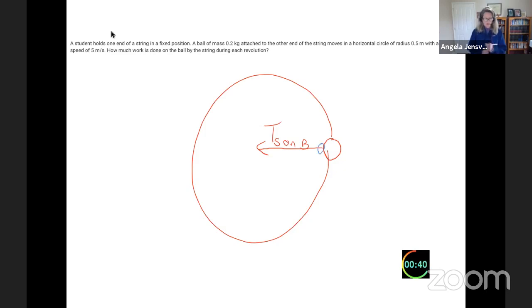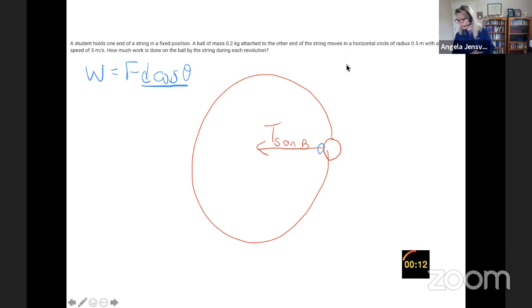Okay, if you want work, it's F d cosine theta. d cosine theta is the component of the displacement that's parallel to the force. The force is toward the center of the circle. How much does the point of application of the force get displaced toward the center of the circle? It doesn't. So the work done by the tension force is 0.